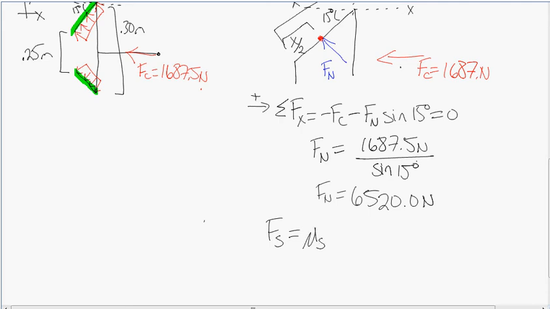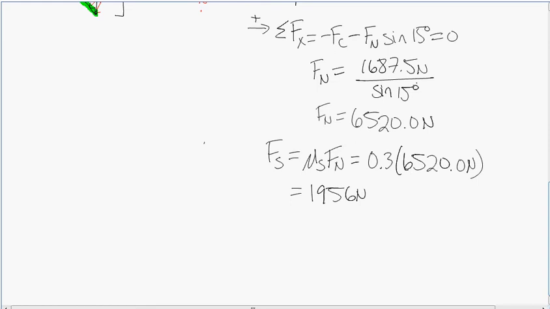So we use the equation Fs equals mu s times the normal force. We were given mu s, so we just plug into the equation to solve for friction and find that the total friction is 1,956 newtons.